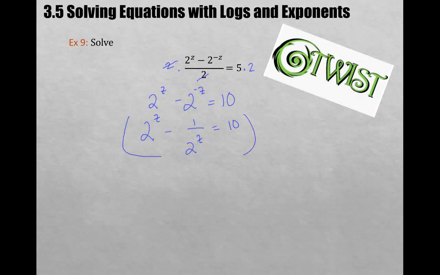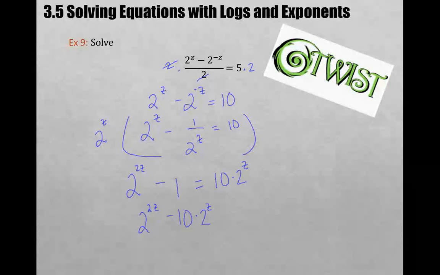I'm going to choose to multiply through by 2 to the power of z. 2 to the power of 2z, that's fine, minus 1 equals 10 times 2 to the power of z. So 2 to the power of 2z minus 10 times 2 to the power of z minus 1 has to equal 0.